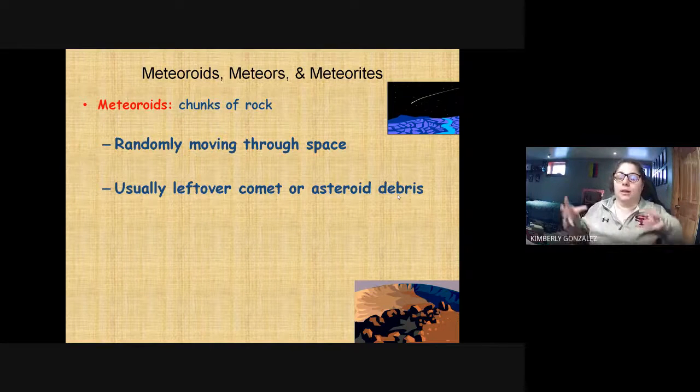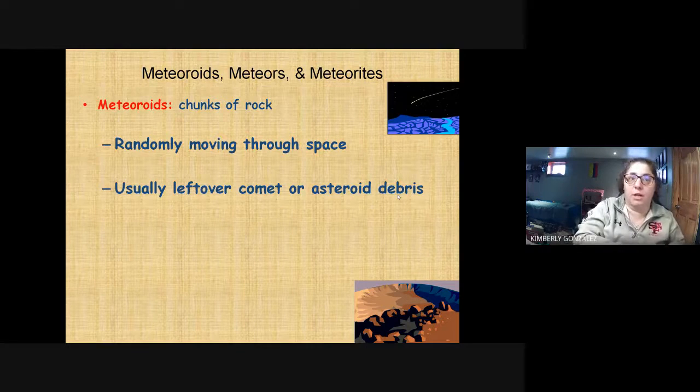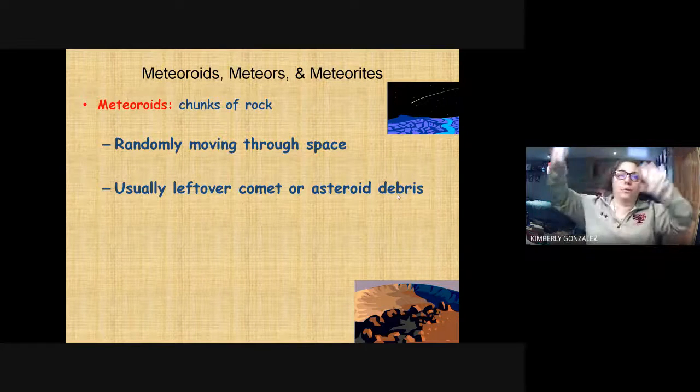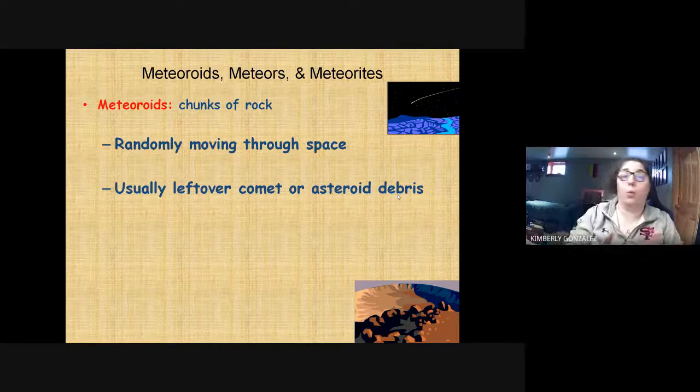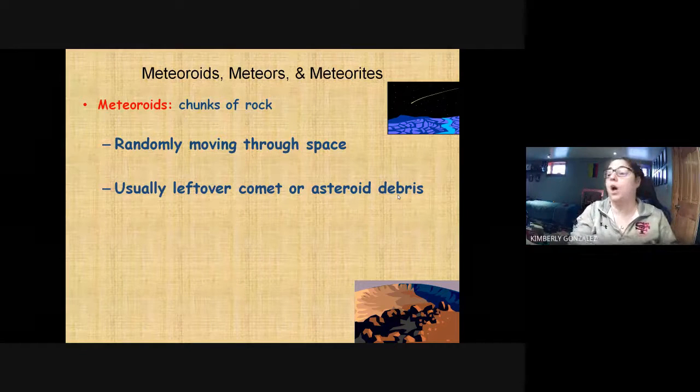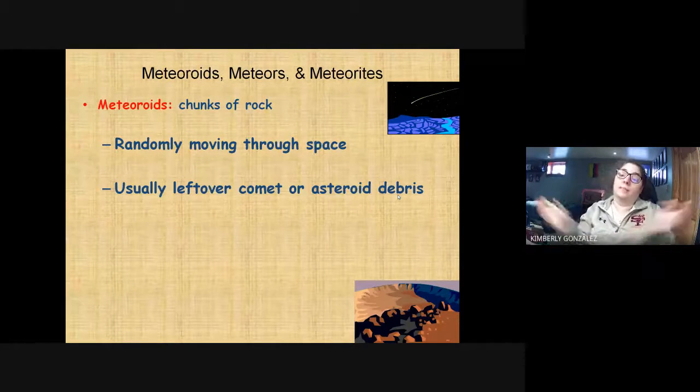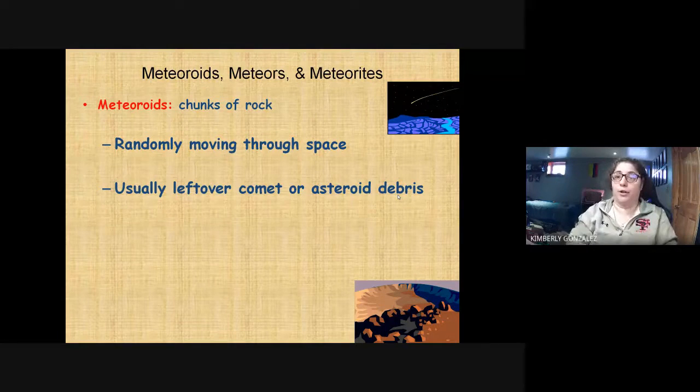So they could be leftover of that comet that broke down and became space debris, or leftover of asteroids that banged into each other and had nowhere to go. So that's a meteoroid.